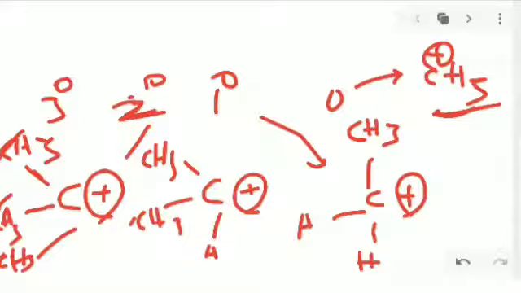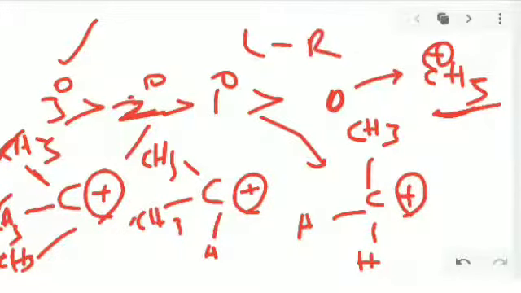As the number of carbons in the chain increases, the stability also increases, because the inductive effect increases. So the stability of carbocation is: 3 degree is more stable than 2nd degree, then primary, then 0 degree. Left to right the chain decreases, and right to left the chain increases, so stability also increases.